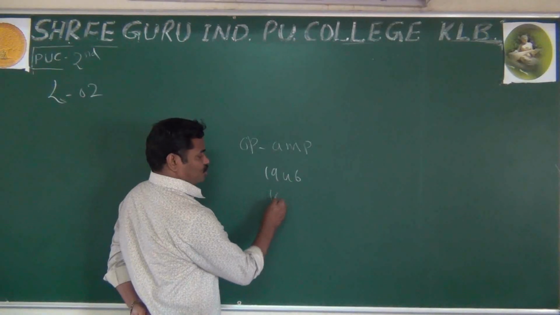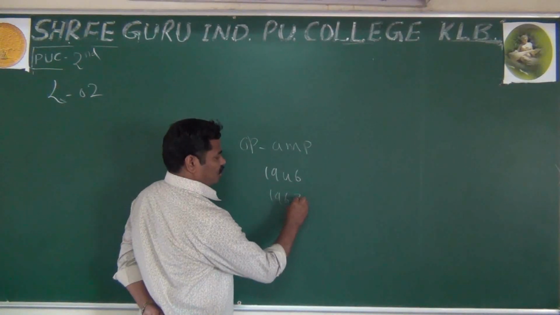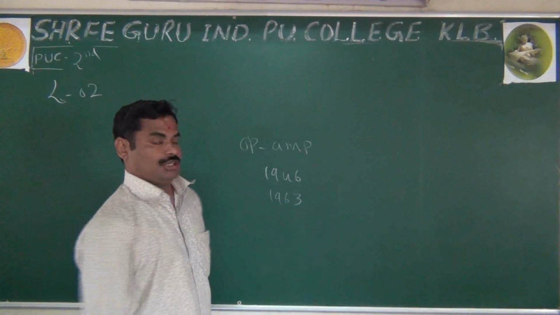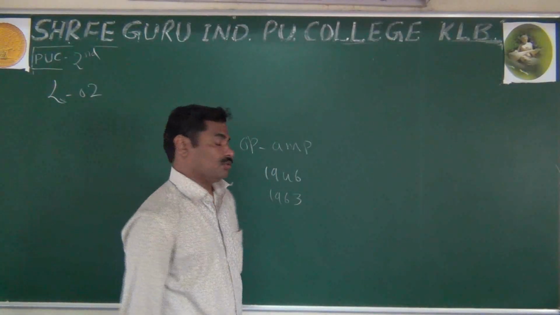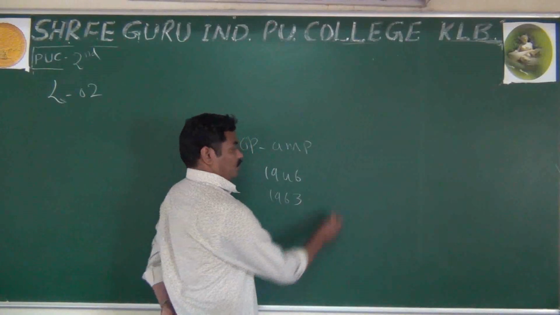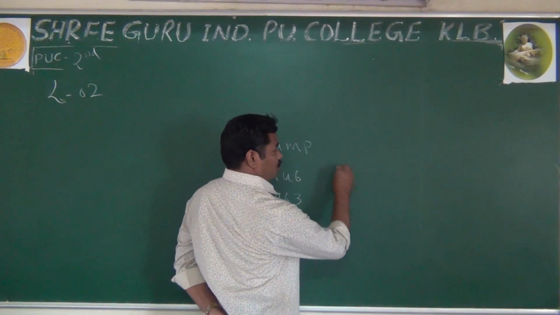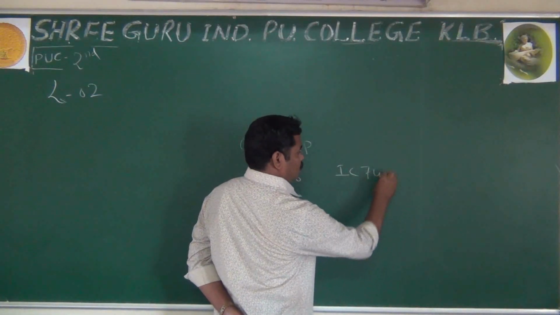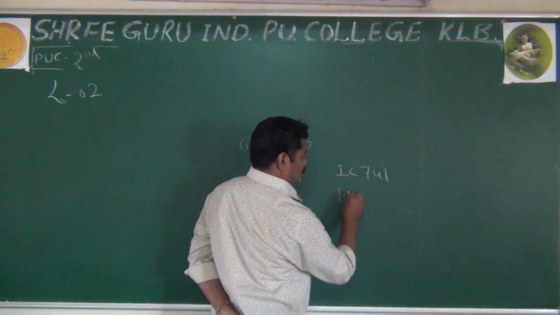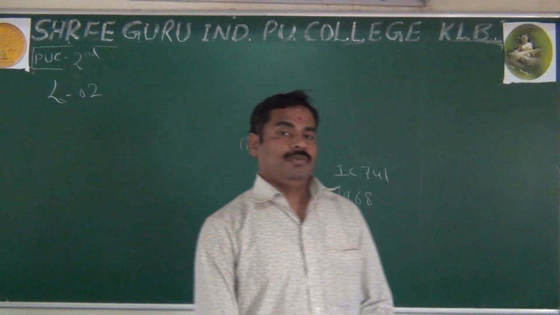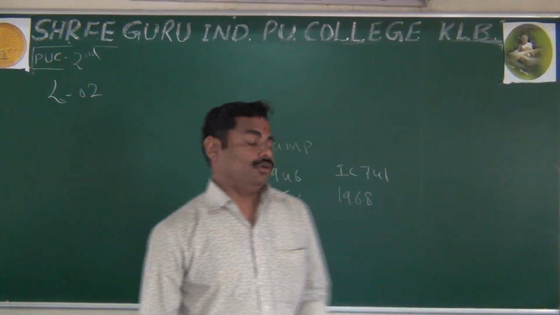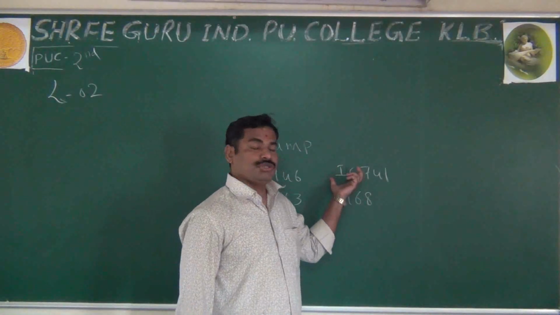In 1963 the first monolithic integrated circuit op amp was developed, and according to your syllabus you are using the IC 741, which was invented in 1968.